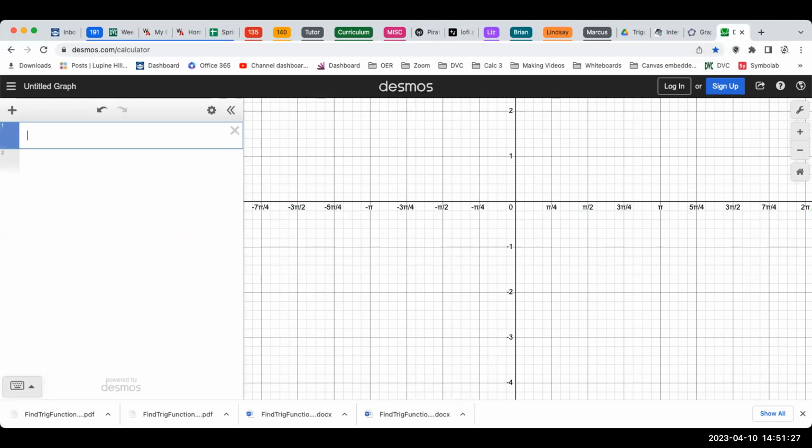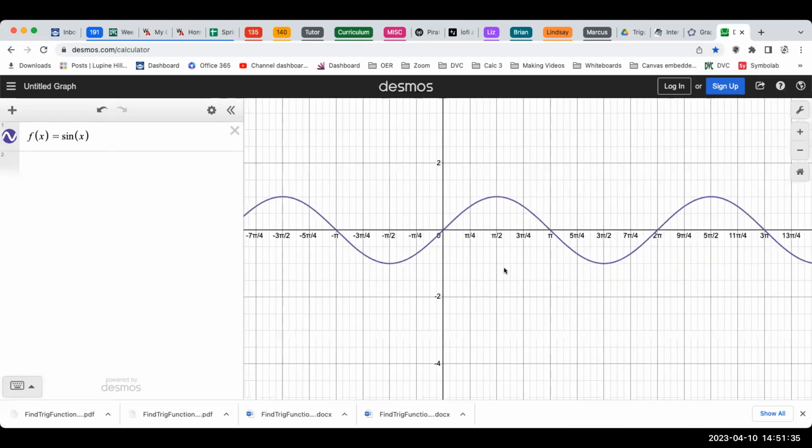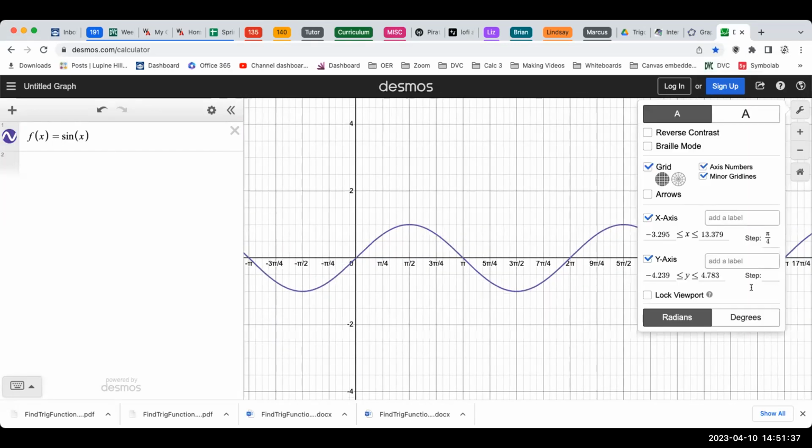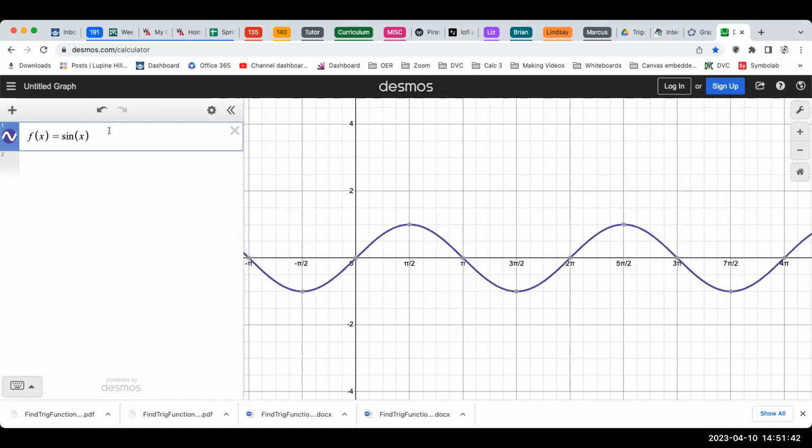Okay, look. Here's f of x equals sine of x. Super not one-to-one. But I'm going to restrict my domain so that it does pass the horizontal line test.